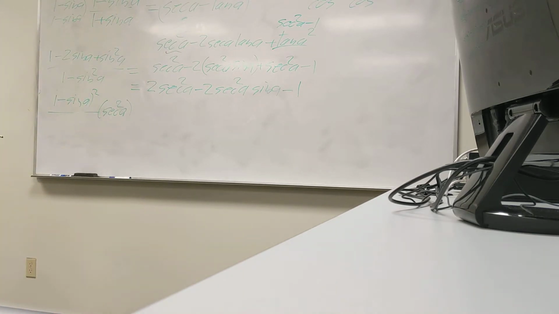So what if I divided by secant squared A on it? You see how some of these can be pretty complicated, right? What if I divided by secant squared A on both sides?